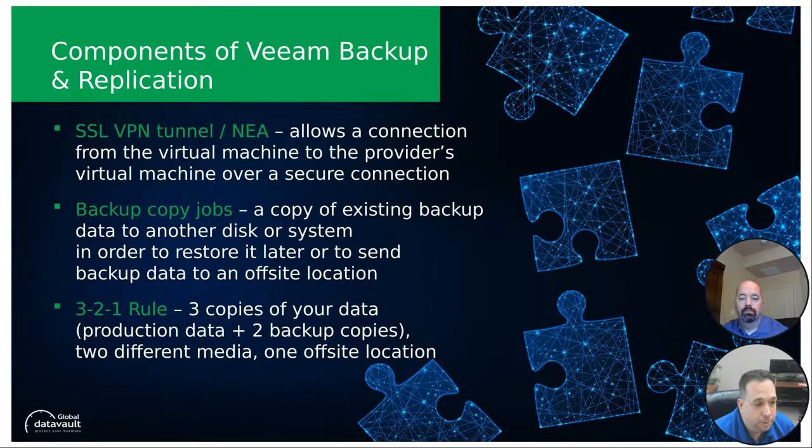It could be on the same system, it could be on a different system that's mapped through a CIFS share or an SMB share, or it could be a copy which we always send offsite to Global Data Vault. That is actually a backup copy job that we create, and then we just store it in the cloud repository on the Global Data Vault side.